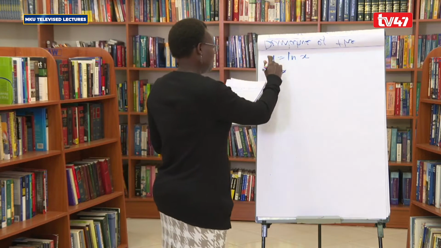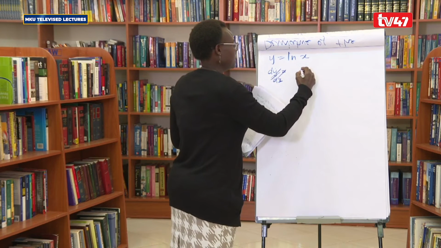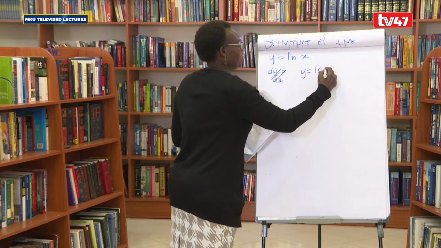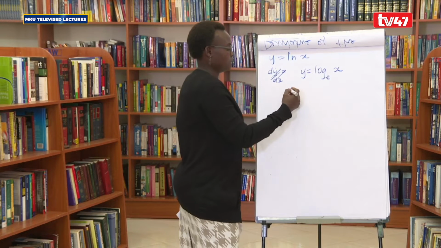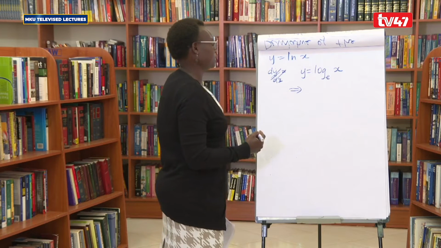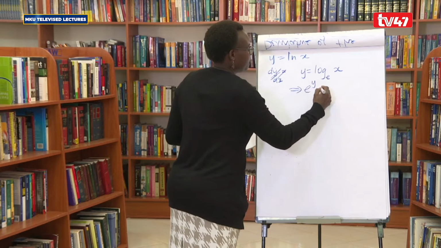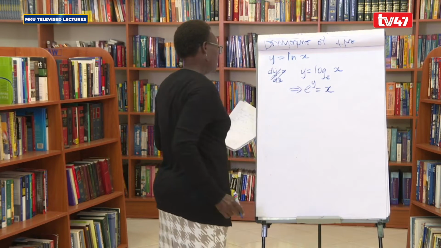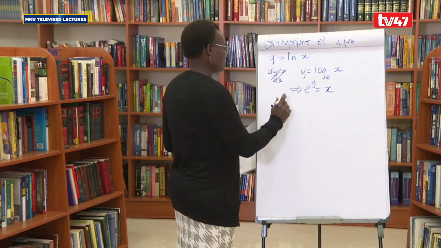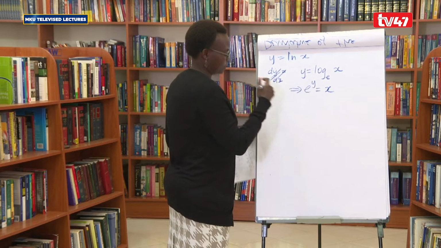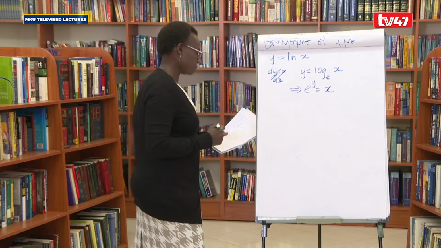So we are saying y is ln x, which implies that y is log to base e of x. So then from here we can express this as e to the y is actually equal to x. Then from here we differentiate with respect to x on both sides.